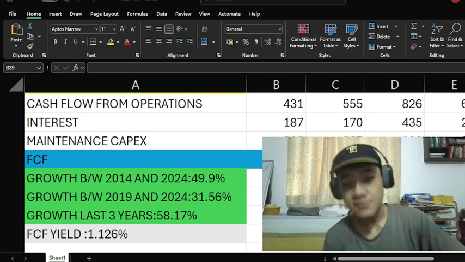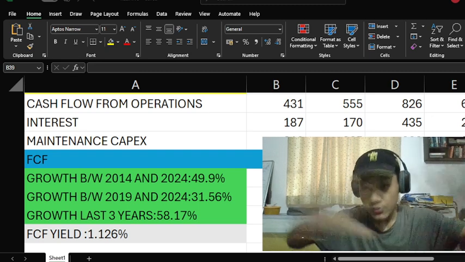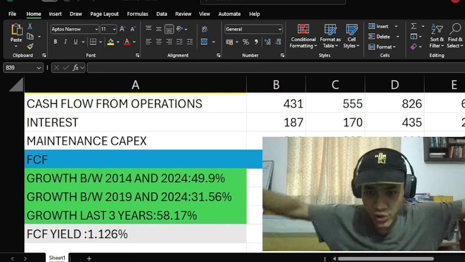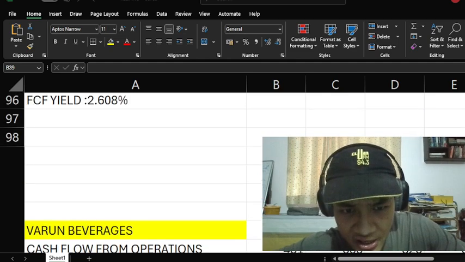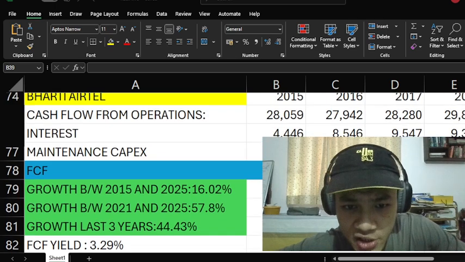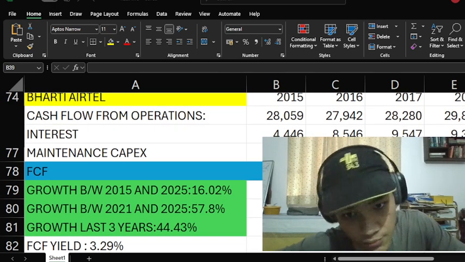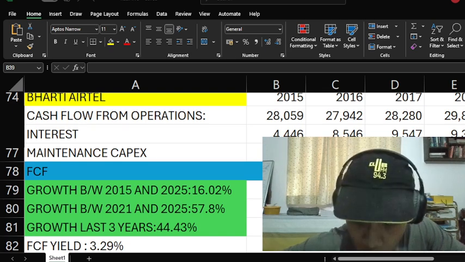Excellent growth. Actually speaking, amazing growth, Varun Beverages. So in terms of growth, I think in all selections today, Varun Beverages won. Then in terms of yield, I think who won? Reliance won.